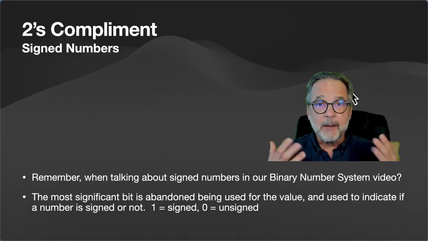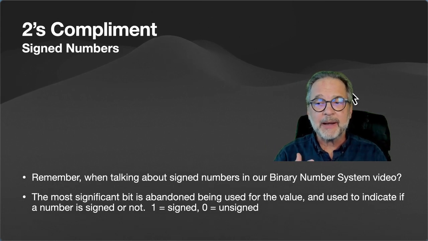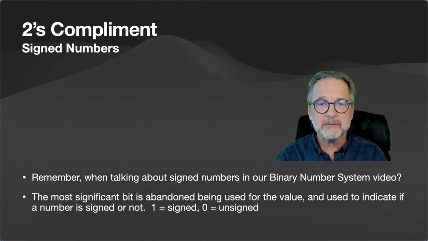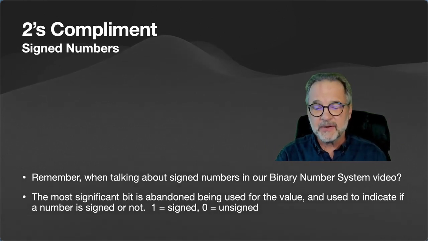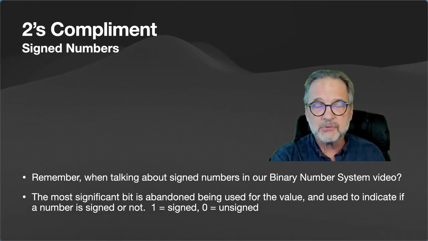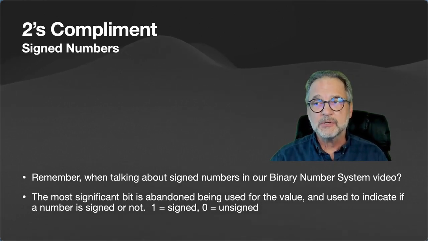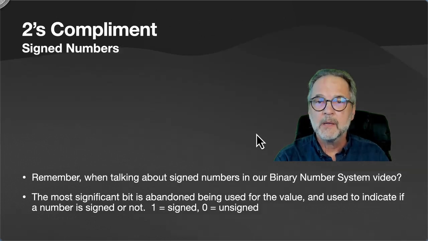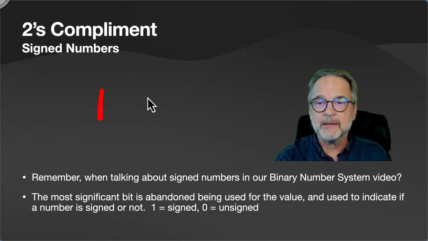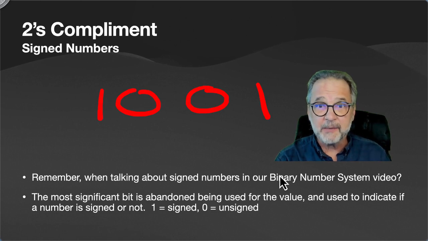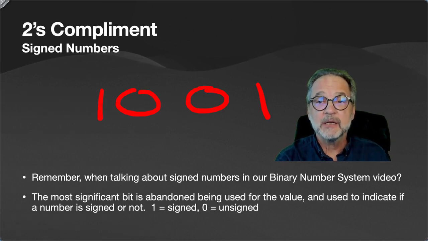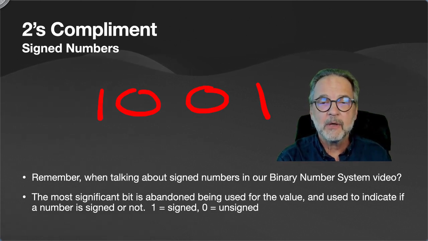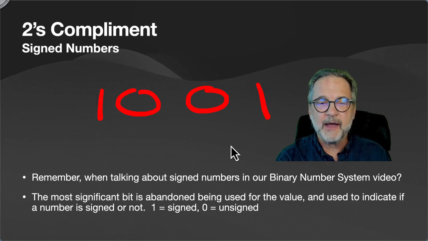Now, remember when talking about signed numbers in our binary number system, we talked about this in the video, the most significant bit is used to keep track of whether or not a number is signed. So if we had a number that looks something like this, and we're only talking about a nibble here, 4 bits, what is the sign of this number?